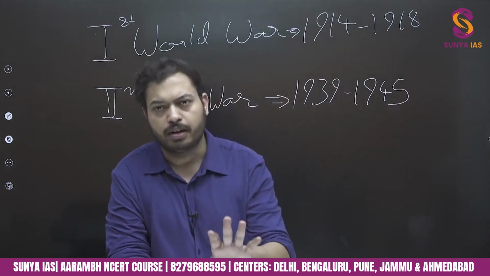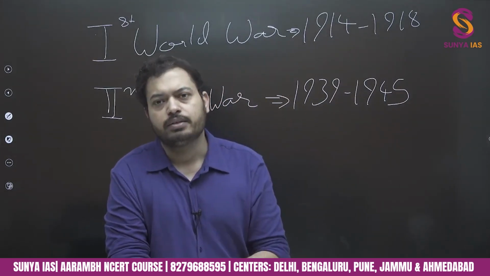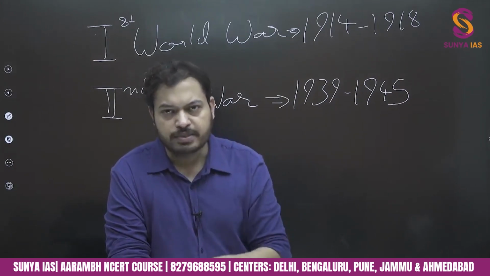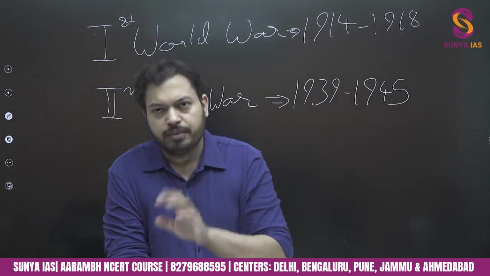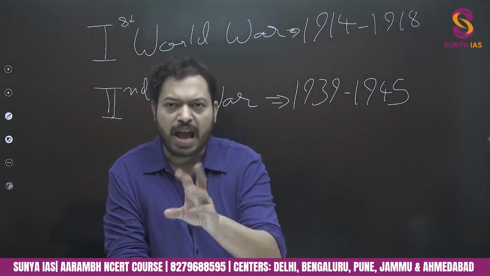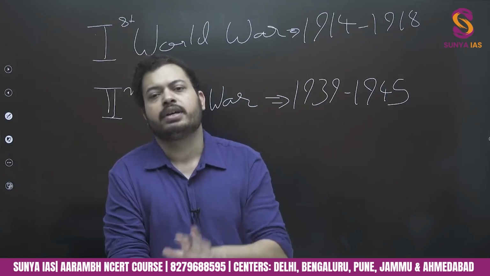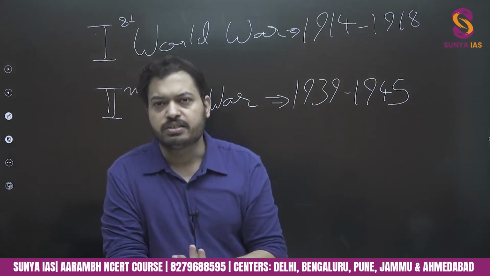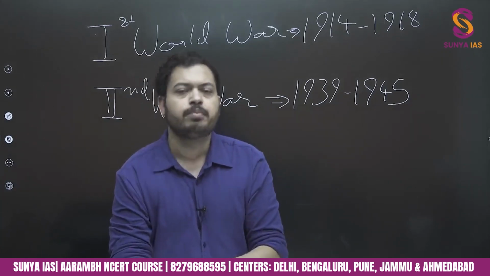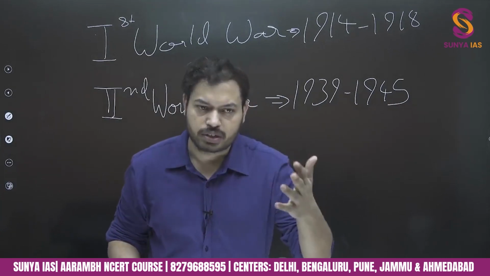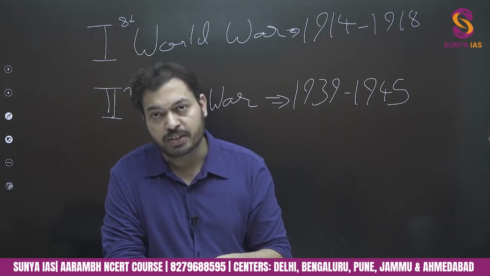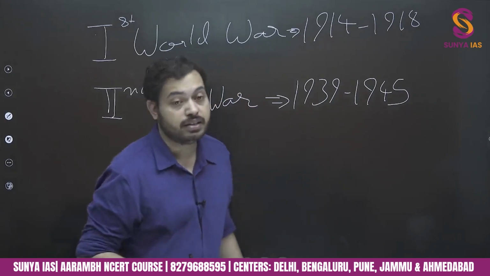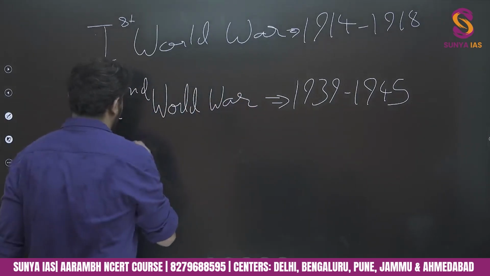Britain, America, and Russia were on the same side, and Germany, Italy, and Japan were on the other side. Now, these wars are considered global wars. But even when these things were not in the picture, when America was not even in the picture, even then there was a global war.